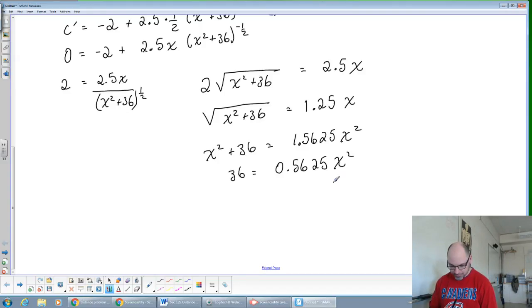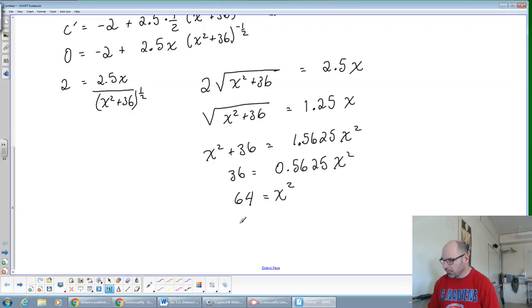So 36 divided by 0.5625 is 64. x squared.